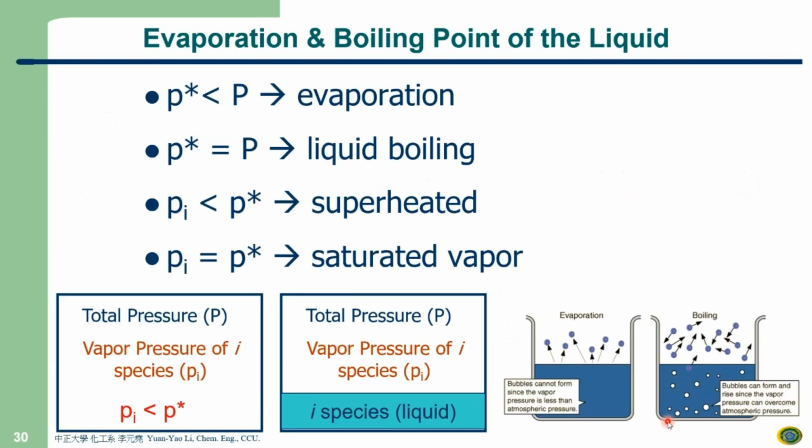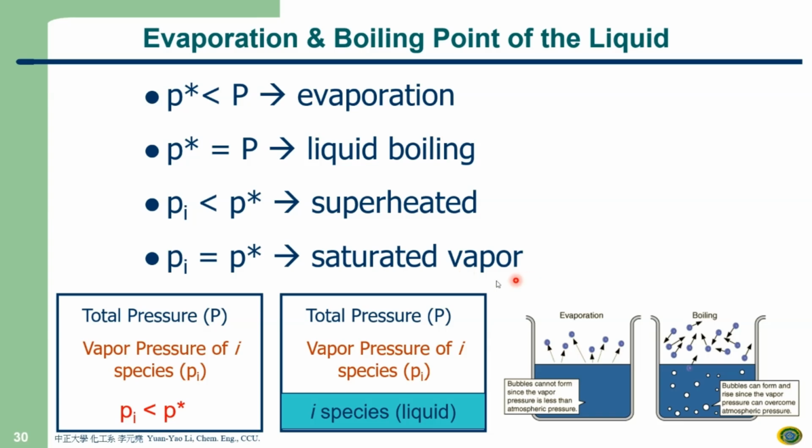So I want to summarize this for you to give you a better picture. When Pi is less than Pi star, this is what we call evaporation. Remember this one, evaporation. If Pi star equals P, that means the liquid is boiling. However, if Pi is greater than Pi star, that means superheated. If Pi equals Pi star, that means saturated.